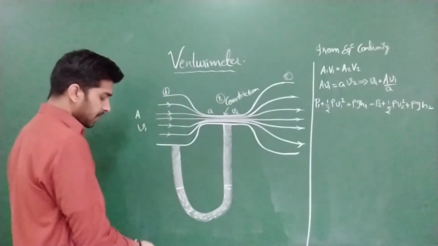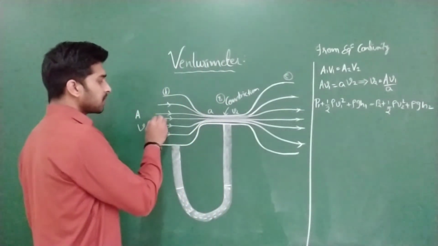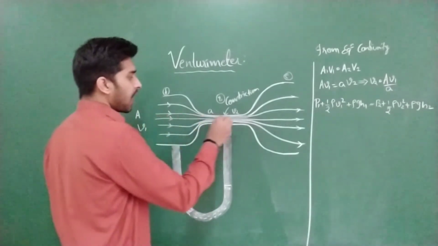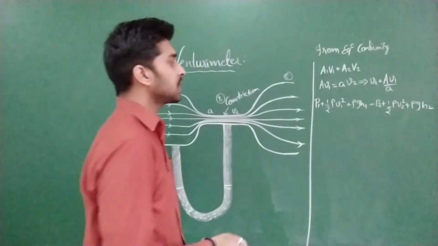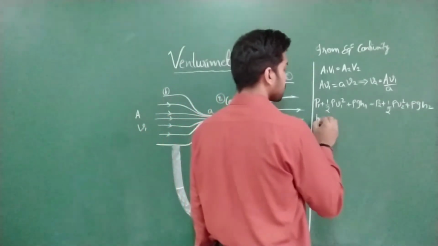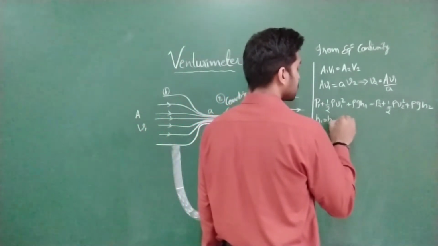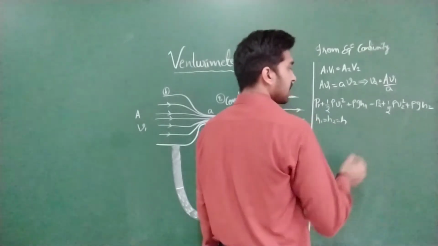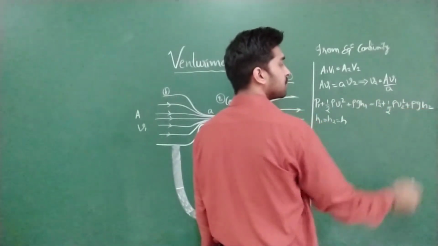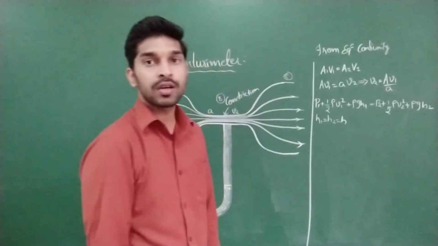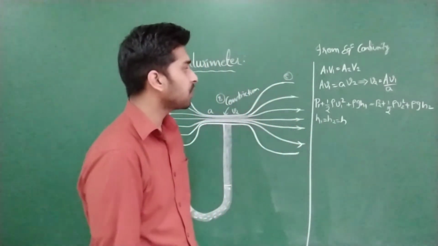This point is at some height, and here also the height is the same from the ground level. That's why we are substituting H1 is equal to H2, the same height H. That means rho GH1 as well as rho GH2 will get cancelled. Now what is remaining?